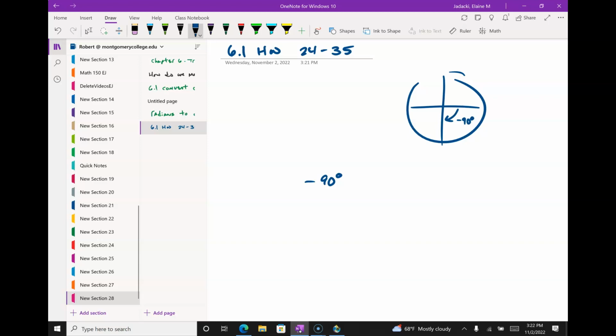How many sections do you see in the circle here? 4. So it's the whole circle over 4. But let's use the conversion: negative 90 degrees times pi over 180 degrees. The negative sticks around, so it's minus pi over 2. Again, I don't have radians written down, so we assume it's radians.